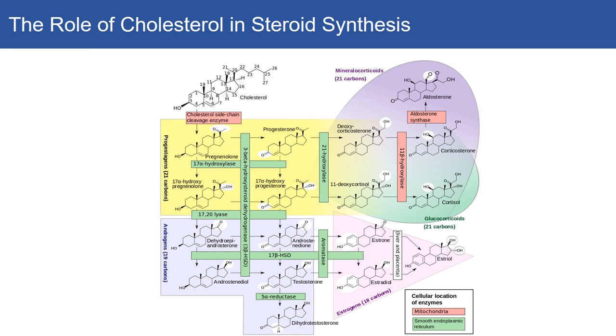You see all the enzymes, you can see the structures in this chart, and you can see where they're manufactured. This chart is an important chart for the exam, for you to study and to figure out where exactly all of these steroids are synthesized, and the enzymes associated, and the general structure.